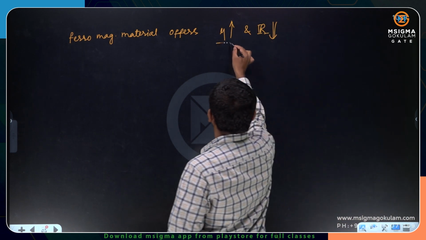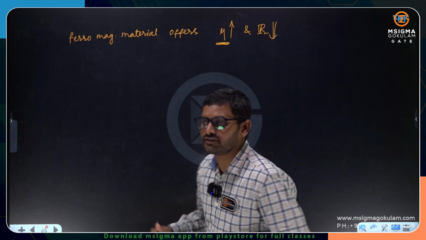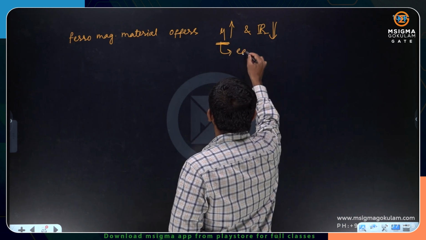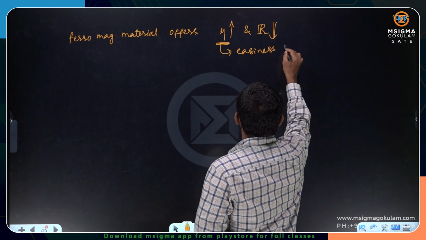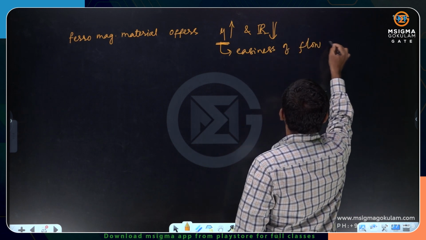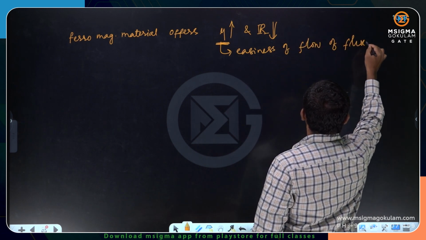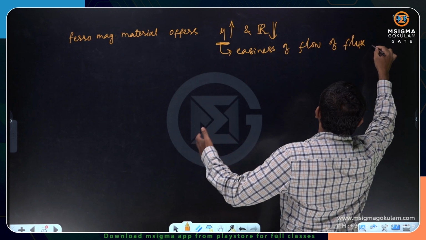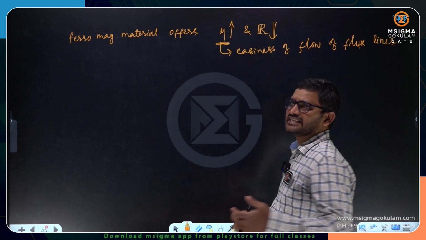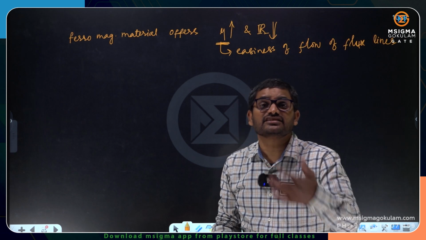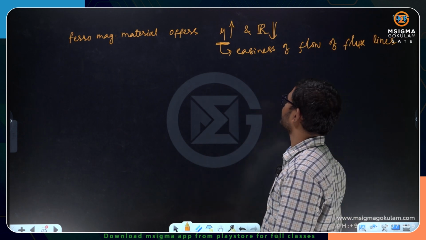High permeability is nothing but the easiness of flow of flux lines, the easiness of establishment of flux lines.